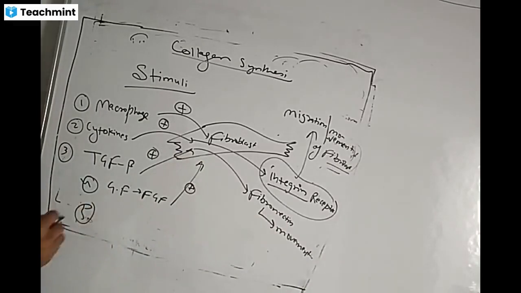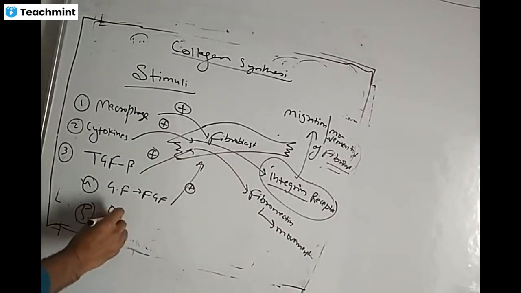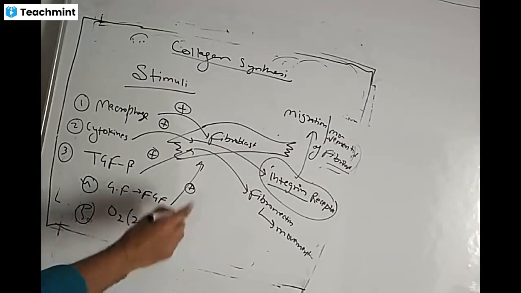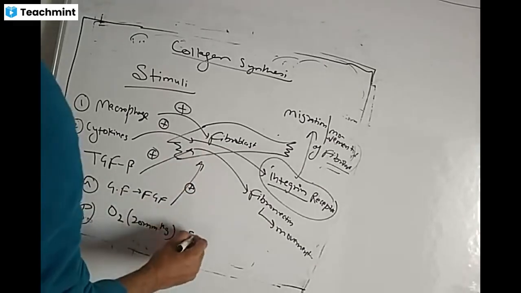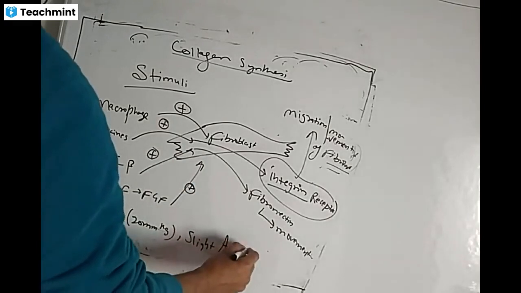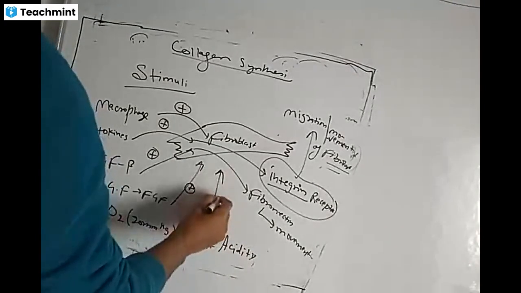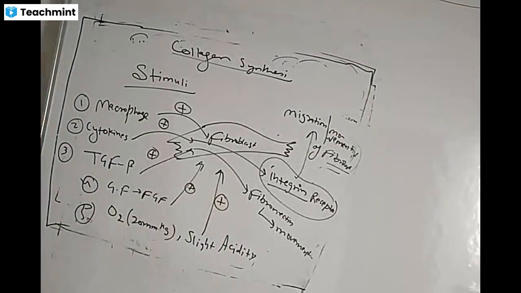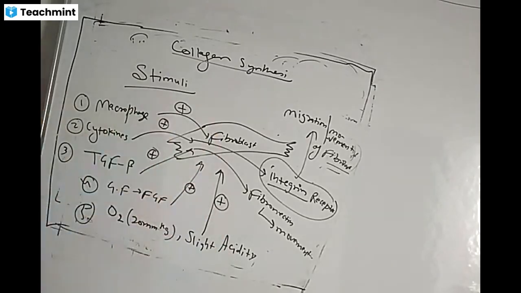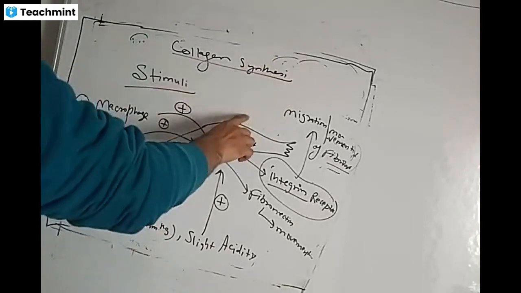Number 5 is the oxygen, 20 mm of mercury, plus slight acidity. They also stimulate the fibroblast. So all these factors, oxygen tension, slight acidity that is low pH, they stimulate the fibroblast.